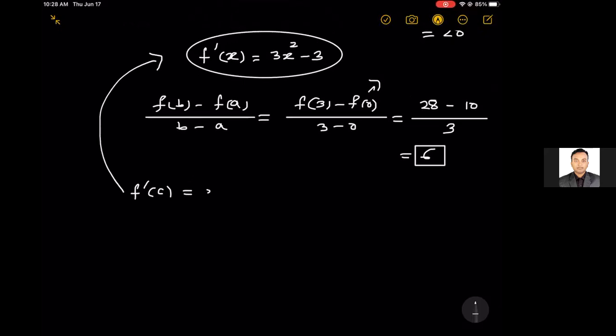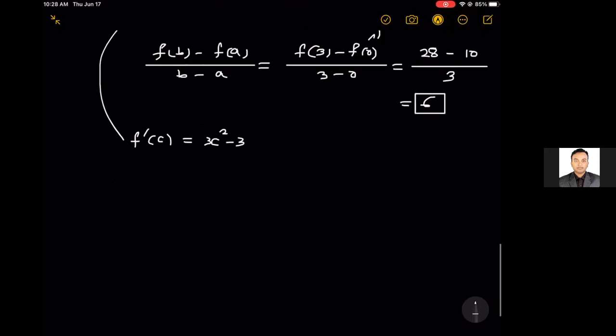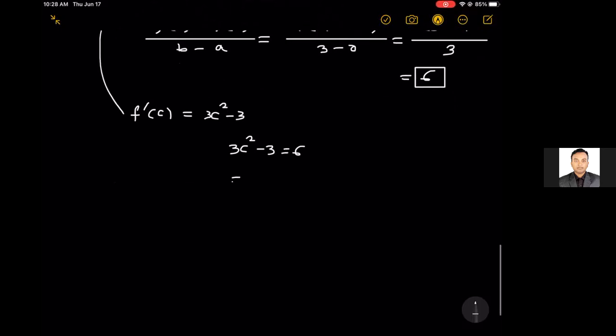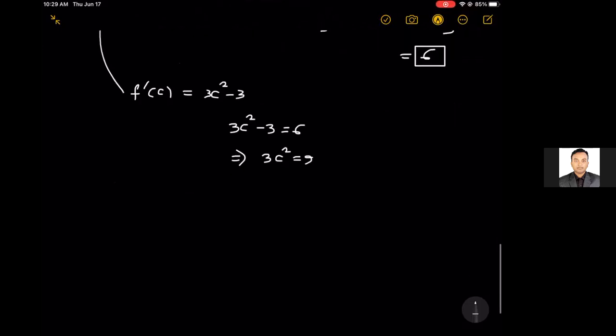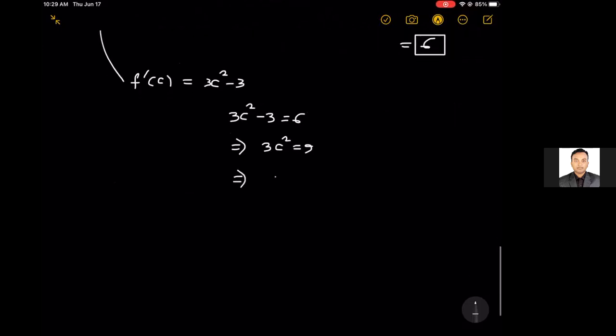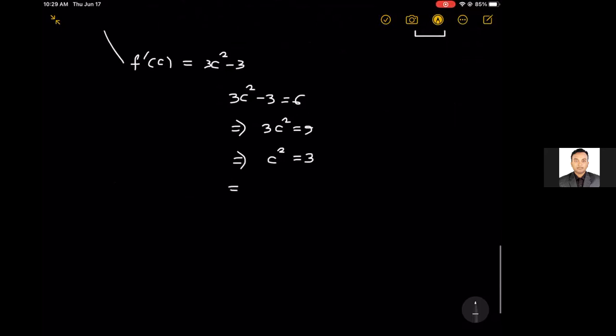So 3c squared minus 3, and then we just need to set this equal to 6. Now if we solve it, 3c squared will be 9, c squared will be 3, c will be plus minus square root of 3.